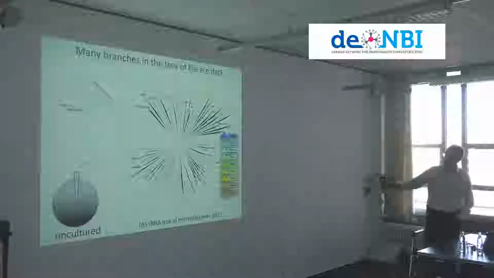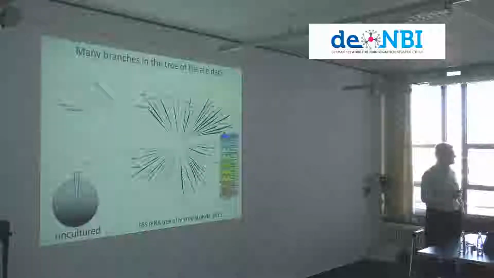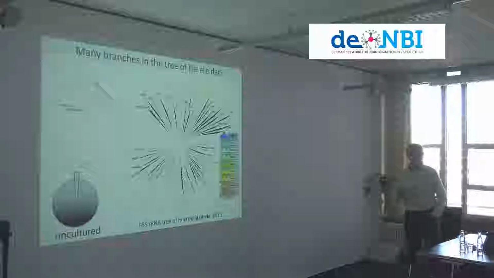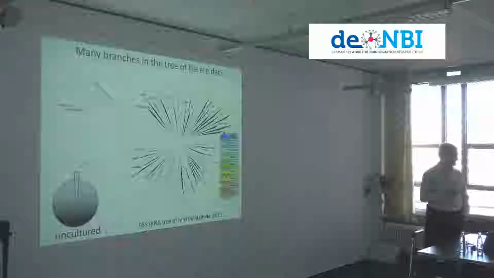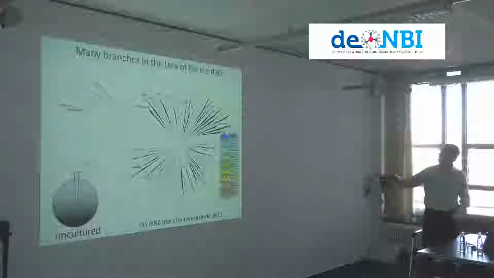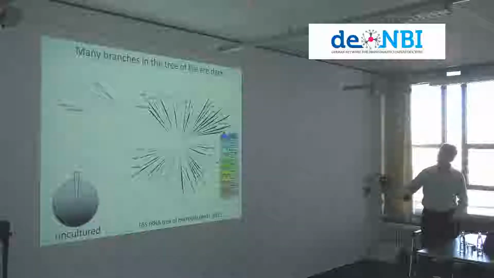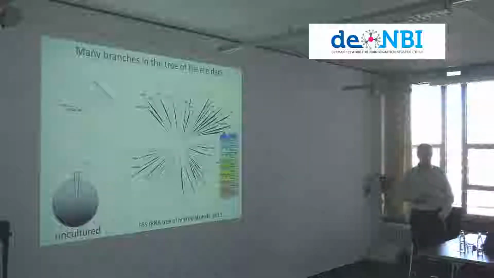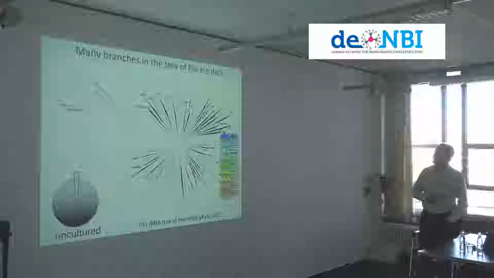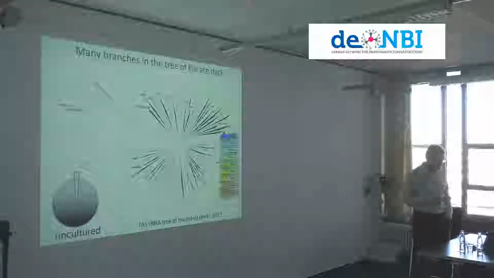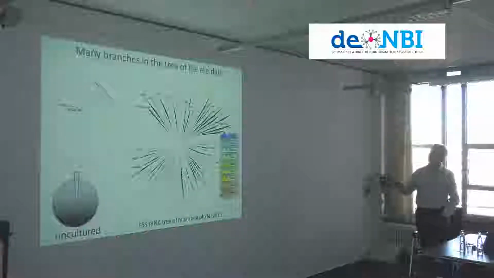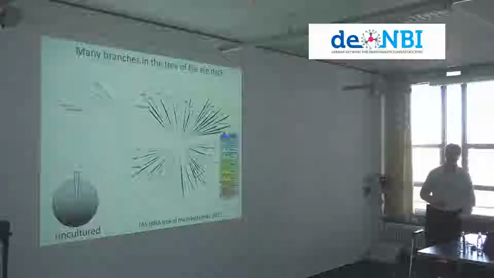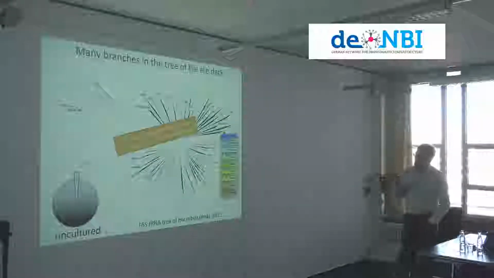But for the black ones, there is no genome available in any database. Right? We know that they exist based on marker genes we can sequence, like a 16S gene. We know that these black branches here, the black phyla, exist, but no genome sequence is available for that. And that was the goal of the project, to get genomes for these dark branches here.